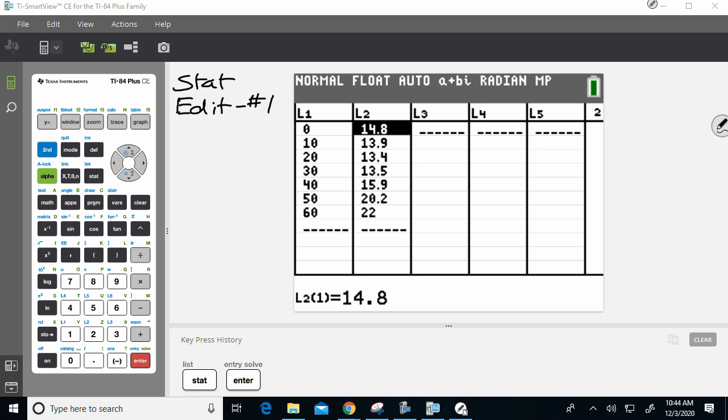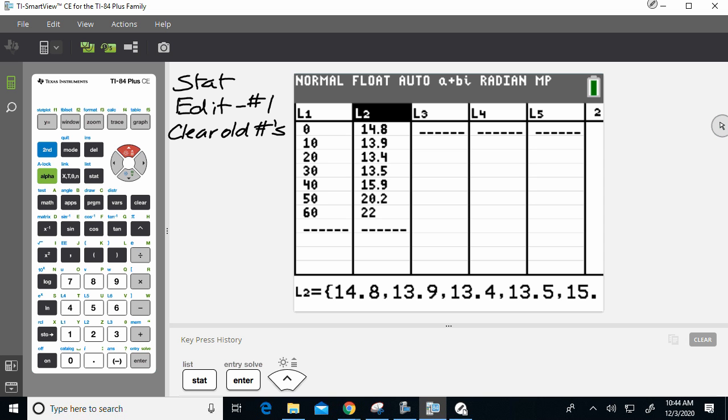Now, as you can see, I have numbers sitting in the calculator. You might have numbers sitting in the calculator. So we need to clear the old numbers. Very simple. Use your arrow key to go to the top of the column and hit clear.